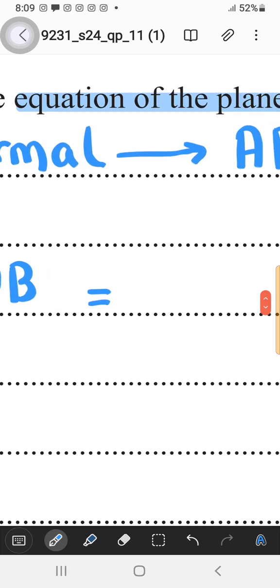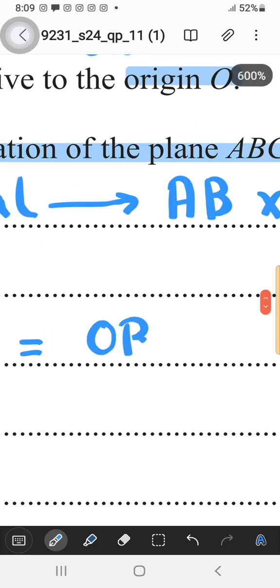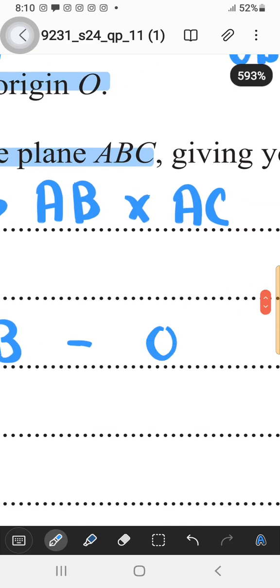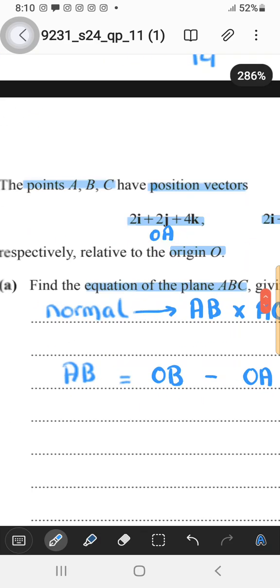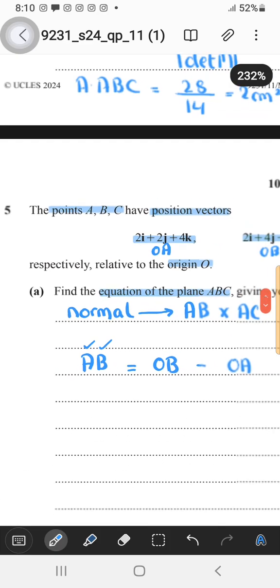To find AB, we will do OB, means position vector of B minus position vector of A. So here we will write the second one first and the first one as the second.